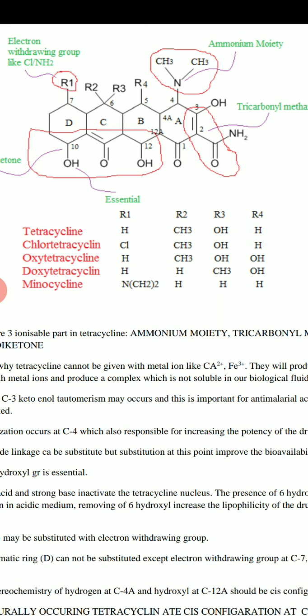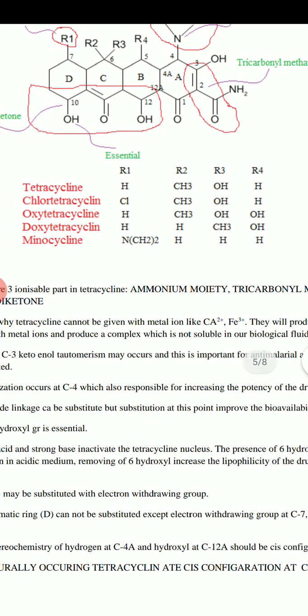As already said, C1 and C3 keto-enol tautomerism may occur, and this is important for antimicrobial activity, and C1 and C3 cannot be substituted. Another important part is that epimerization occurs at C4, which is also responsible for changing the potency of the drug, and the C2 amide linkage can be substituted by different substituents, which improves the biological activity.